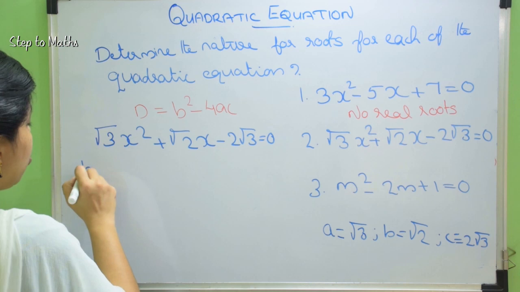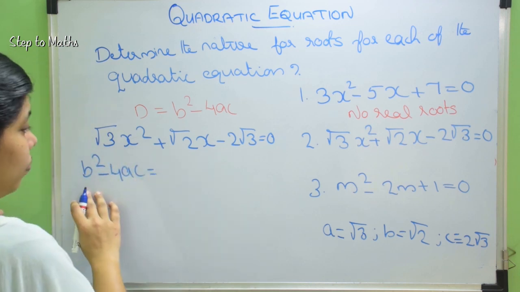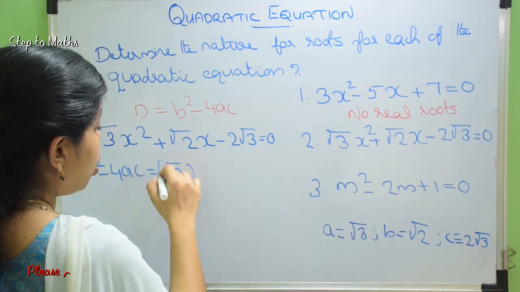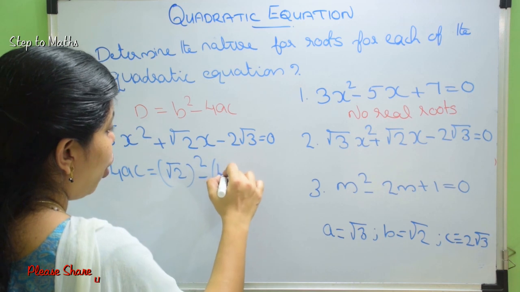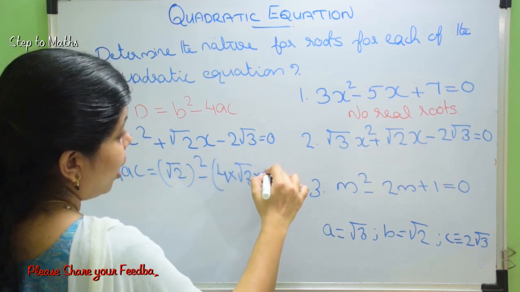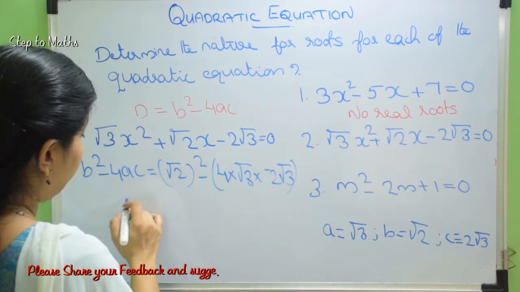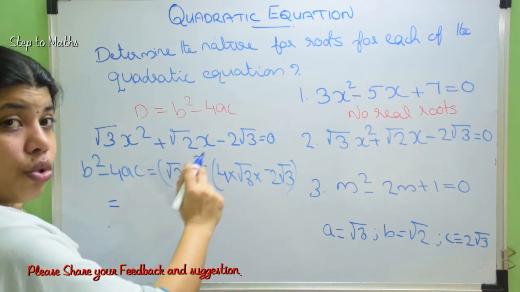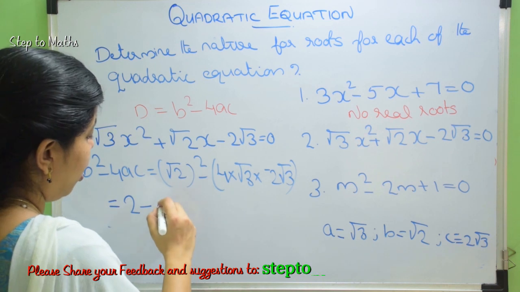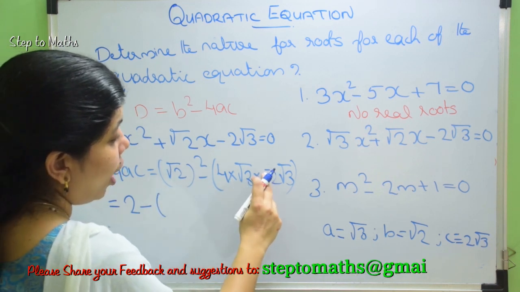The value of b square minus 4ac equal to root 2 square minus 4 into root 3 into minus 2 root 3. Root 2 square is 2.